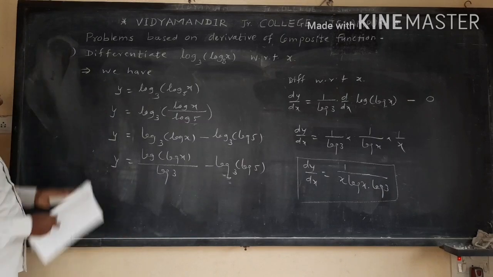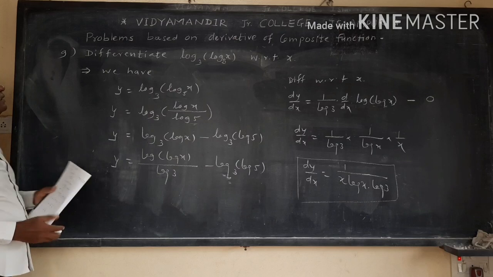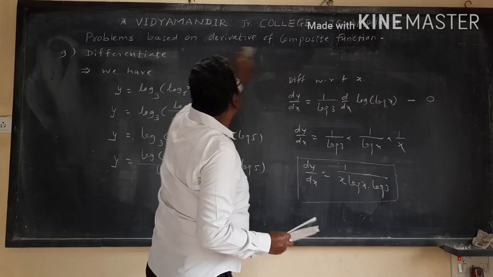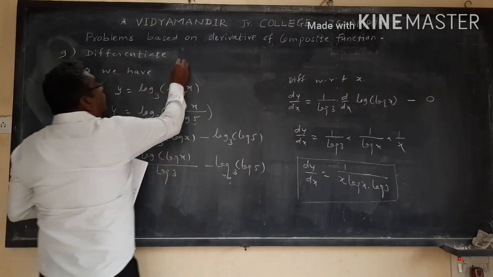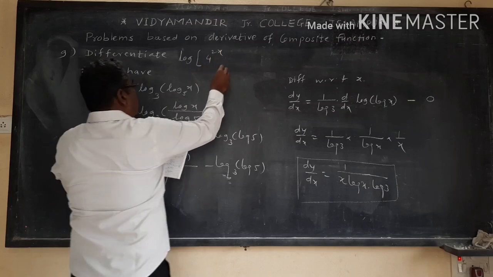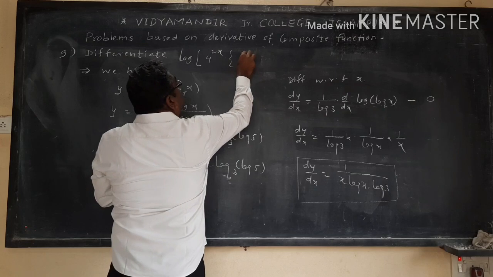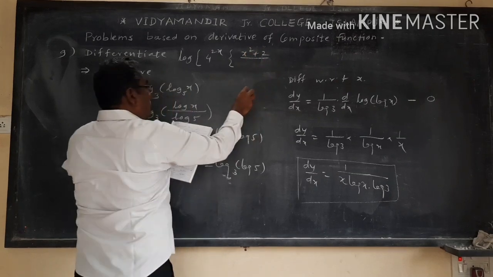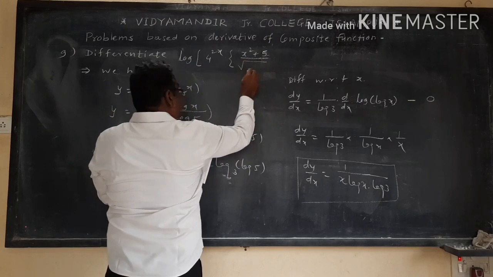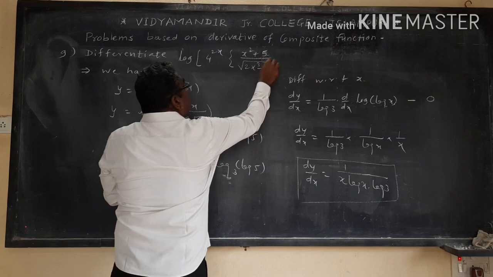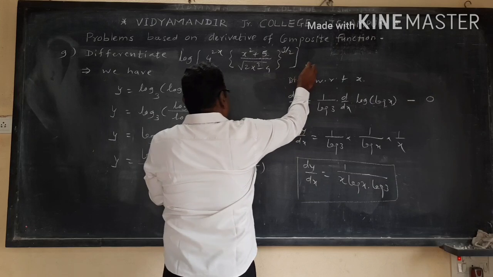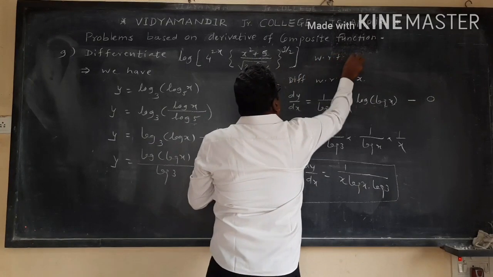Next problem, 9. Differentiate log of 4 raised to 2x, x square plus 5 upon root 2x cube minus 4, raised to 3 by 2, with respect to x.